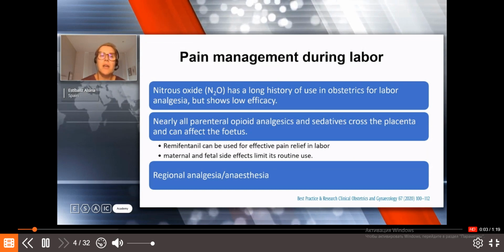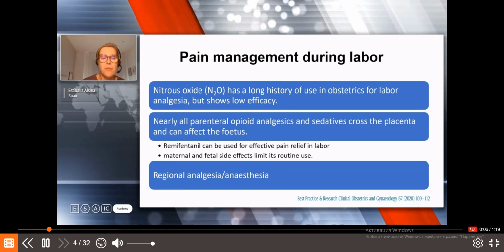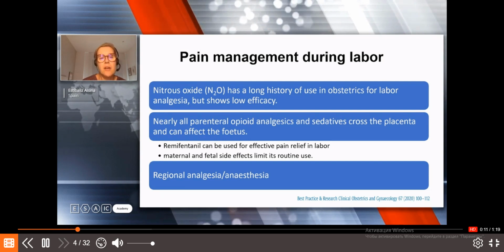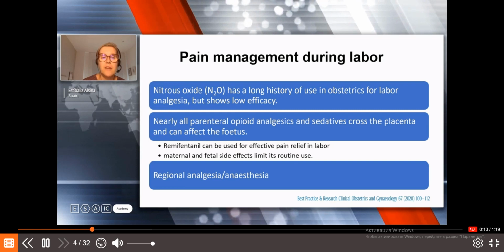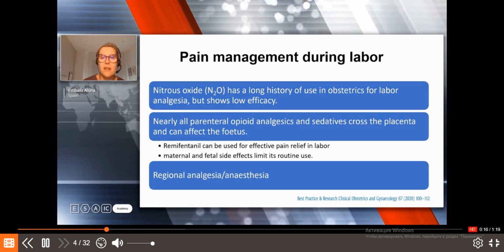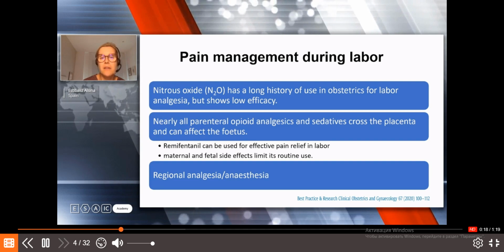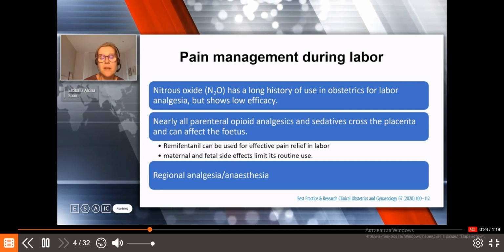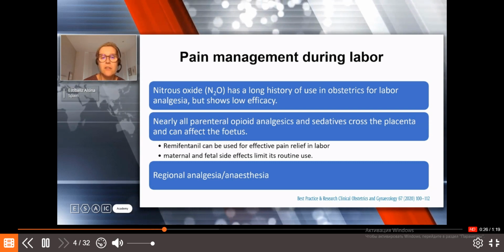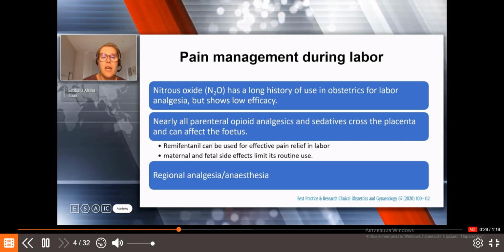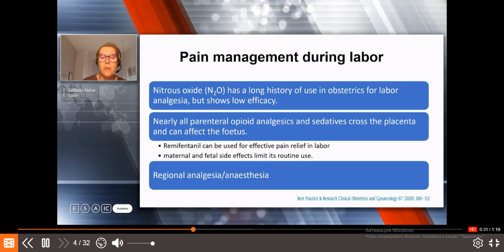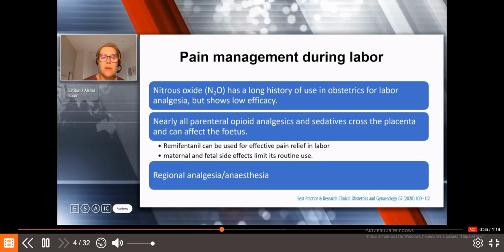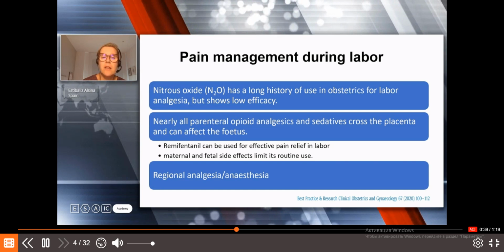How can we alleviate the pain during labor? Well, we have several ways to do it. Nitrous oxide has a long history on this side, but it is used less and less because it shows low efficacy. We can use parenteral opioid analgesics, but they cross the placenta, as we said in the slide before, so they can affect the fetus and the labor.